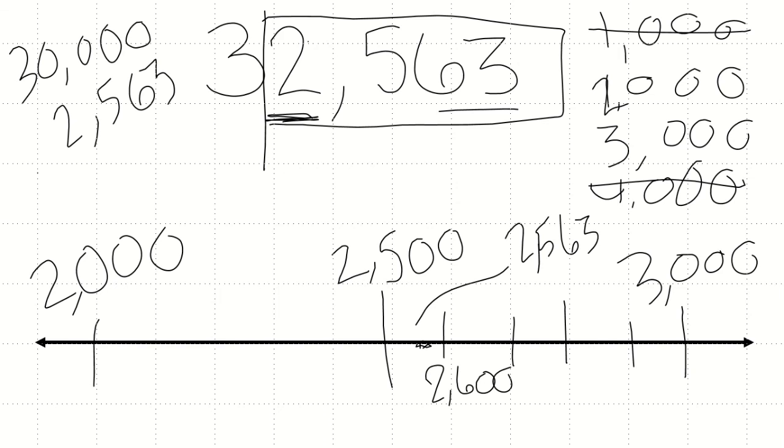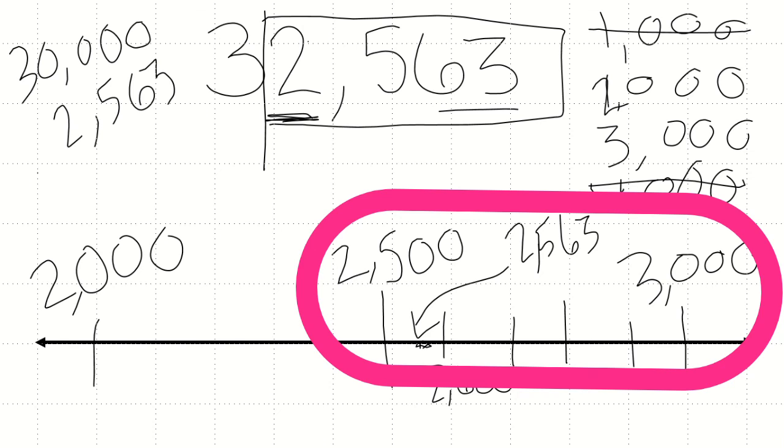So that's 2,563. Now we can see, are we closer to being at the 2,000 side of the number line or the 3,000? We've passed that halfway point. So once we pass that, that's the 5 or up rule. That's where this is coming from. These numbers are all going to be bigger than that halfway point.